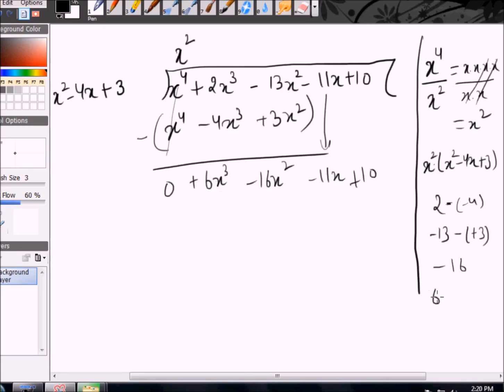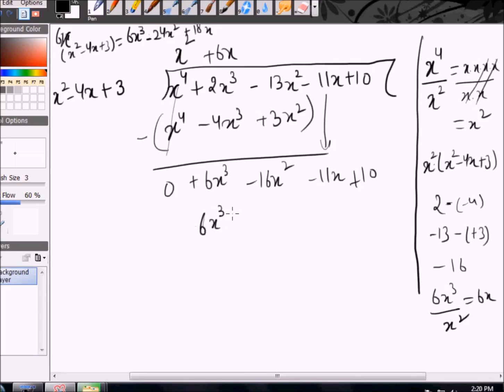Now again divide 6x cube by x square, that is the highest degree term of the new dividend by the highest degree term of the divisor. We get 6x. Multiply 6x by the divisor. 6x is the new term or the second term of the quotient. Multiplying 6x by x square minus 4x plus 3, we get 6x cube minus 24x square plus 18x.